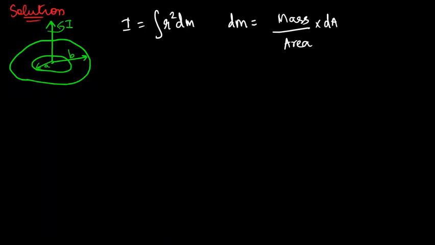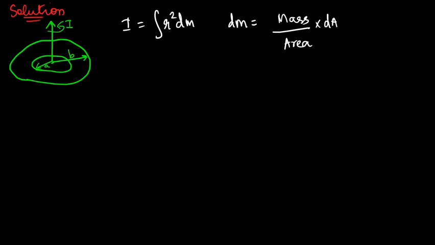So in order to find dm, since the question has a plane, we are going to use the area. If your question is given like find the volume or the length of the wire, then you'll be using accordingly.